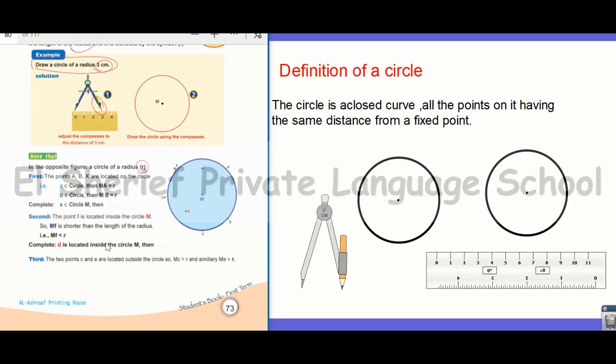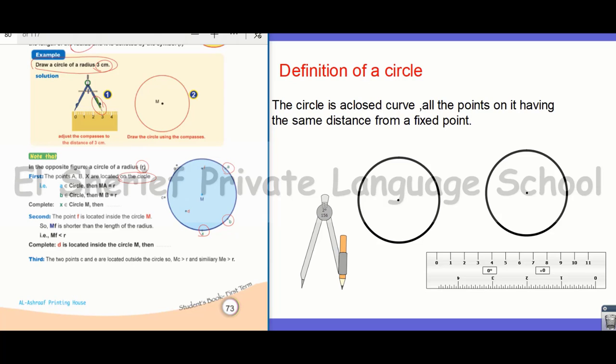The first type is located on the circle, like point A, point B, and point X.